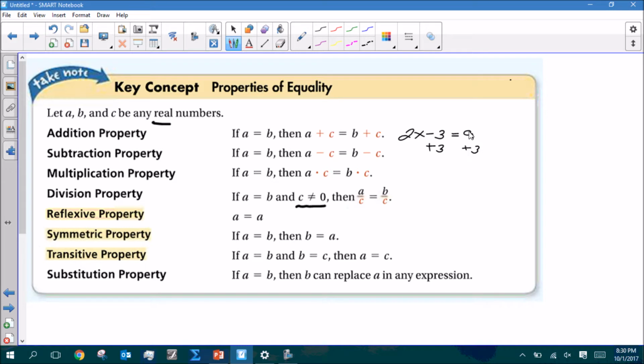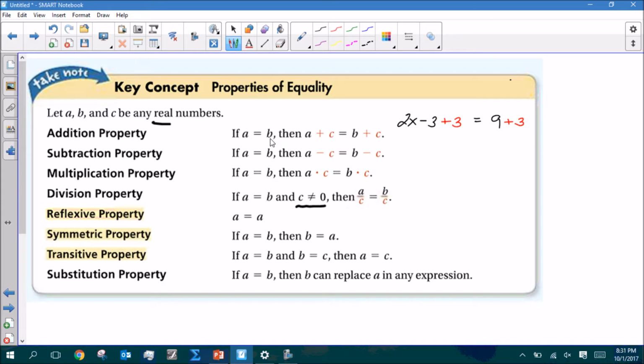It's the way we deal with it, okay. Most people are going to feel comfortable using that opposite operation by stacking the numbers like this. But really what we're doing, if I have 2x minus 3 is equal to 9, really what we're doing is we're saying we're going to add 3 here, we're going to add 3 here, okay? And that's what's going on here, okay?